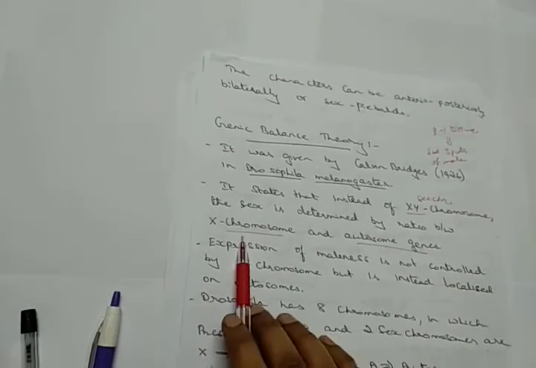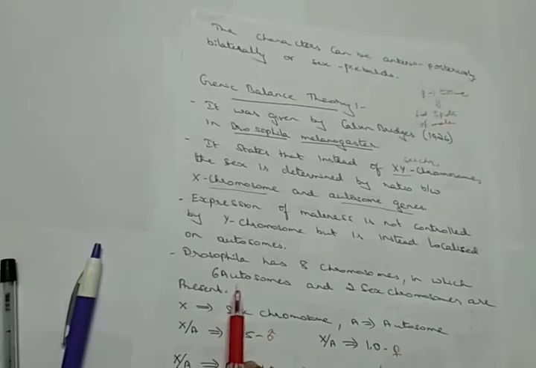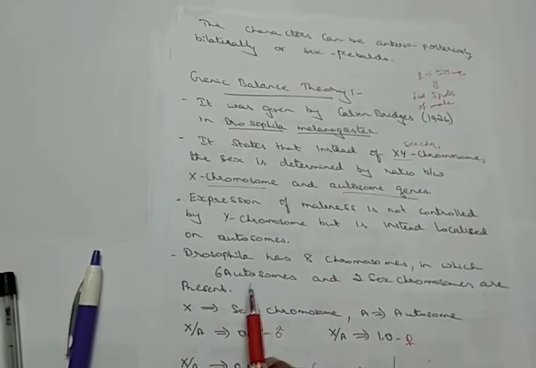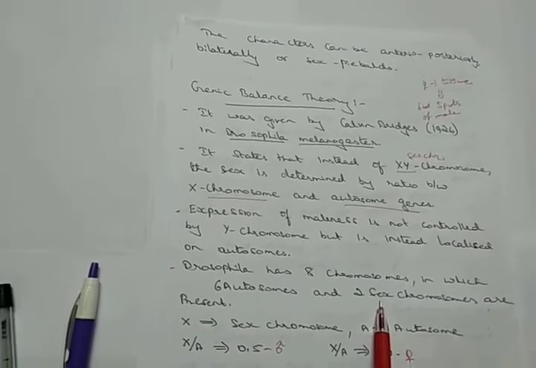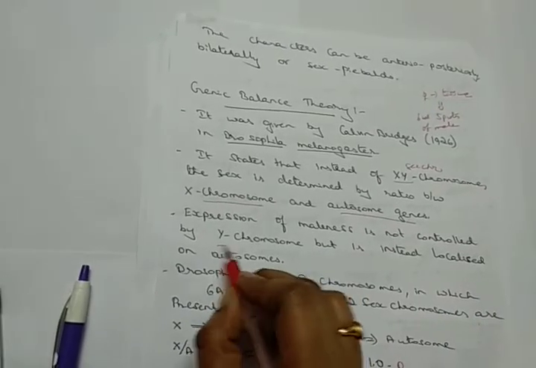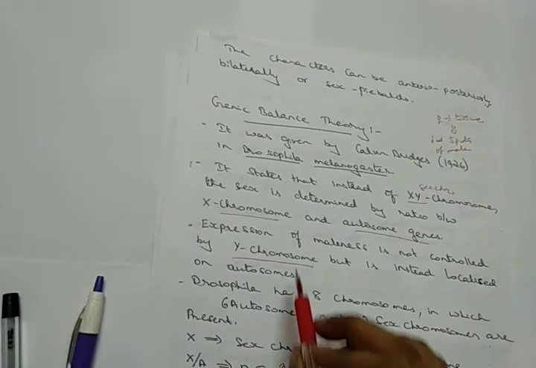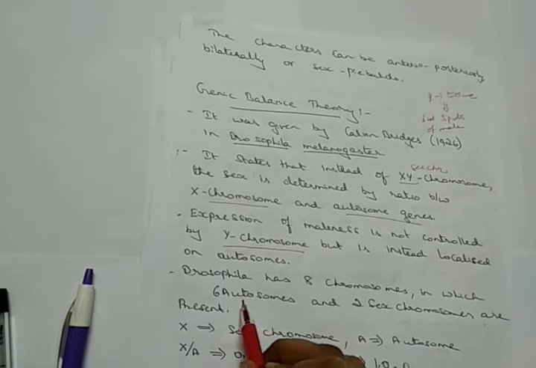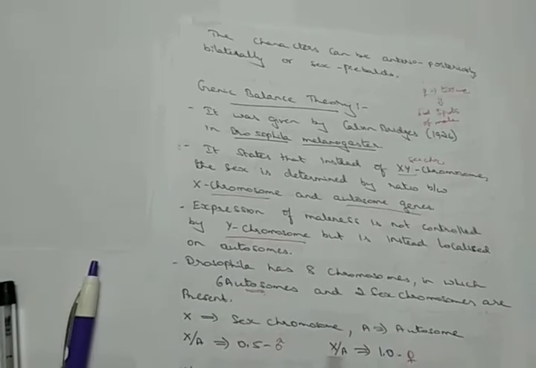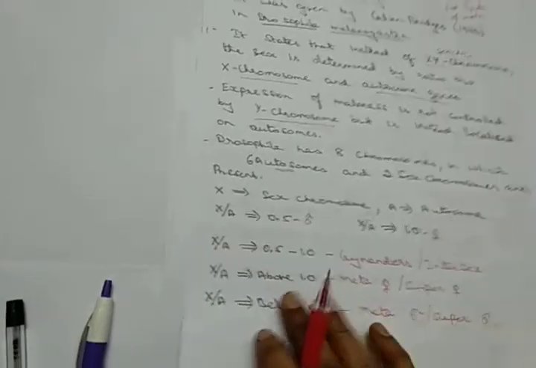Drosophila has 8 chromosomes, in which 6 are autosomes and 2 are sex chromosomes. Here the Y chromosome does not decide the sex of the offspring; it is the autosomes which decide the sex of the offspring.